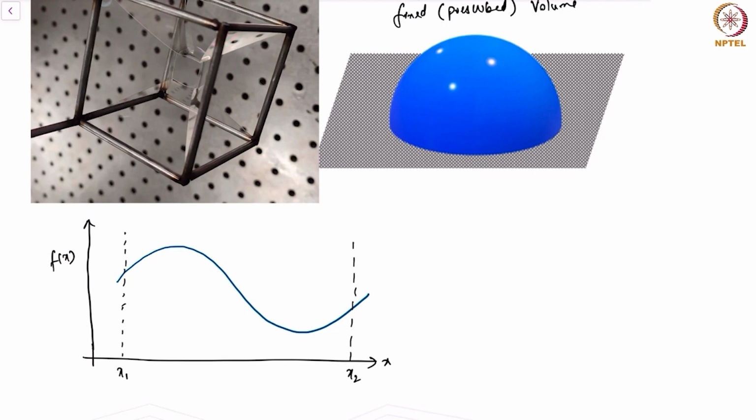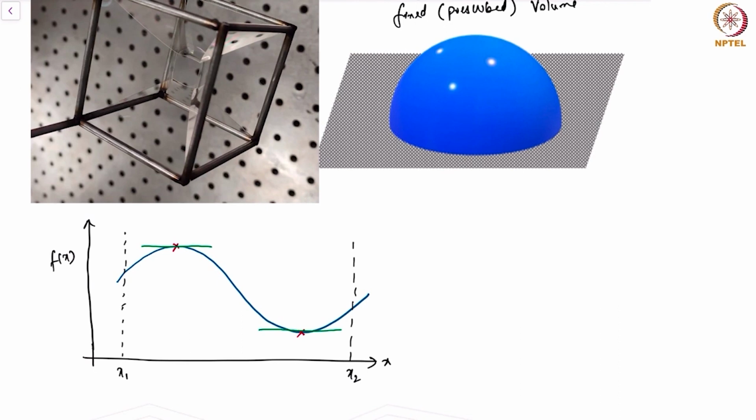I could easily determine this by doing the following. I can find out where the slope of this function goes to 0, and if I do this, I basically get 2 points here, and at both these locations the slope, as indicated by the tangent, is 0. So in other words, we will be employing this tangency condition. And this tangency condition will tell us where the function has a maximum or a minimum.